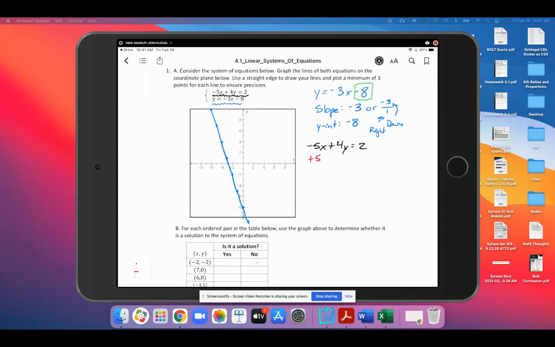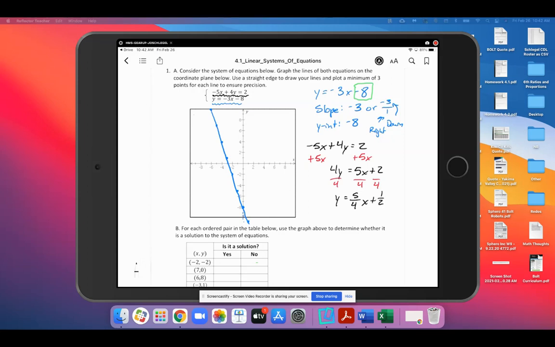So I would add 5x to both sides, and I would have 4y equals 5x plus 2. Then I'll be dividing by 4. And I would have y equals 5/4 x plus 1/2.